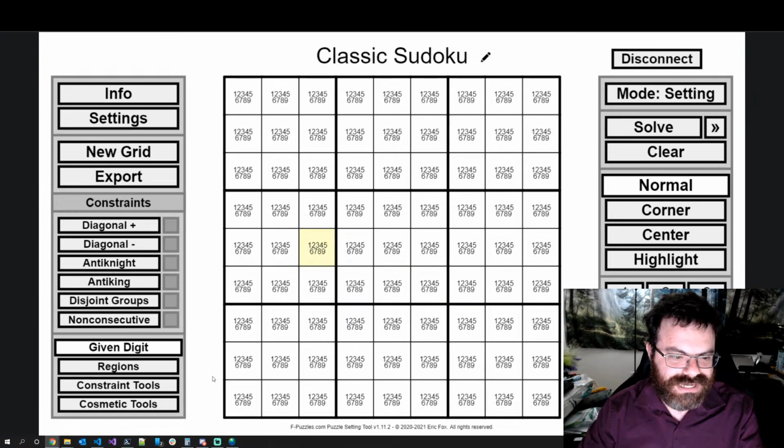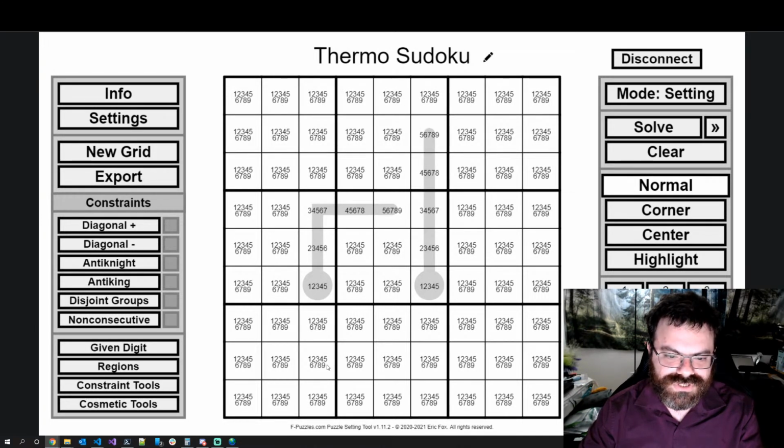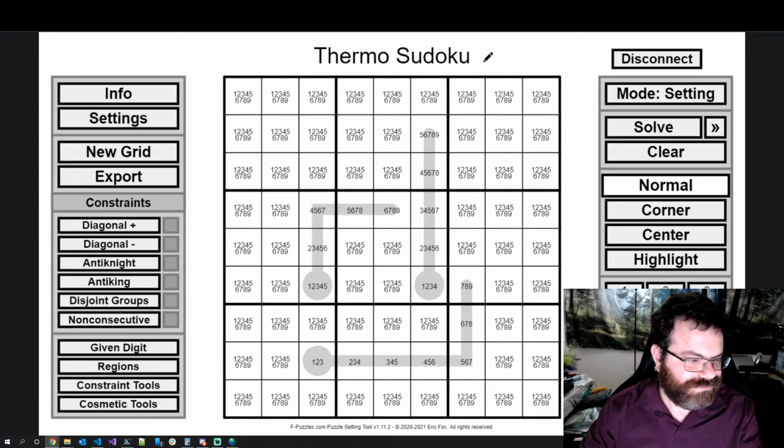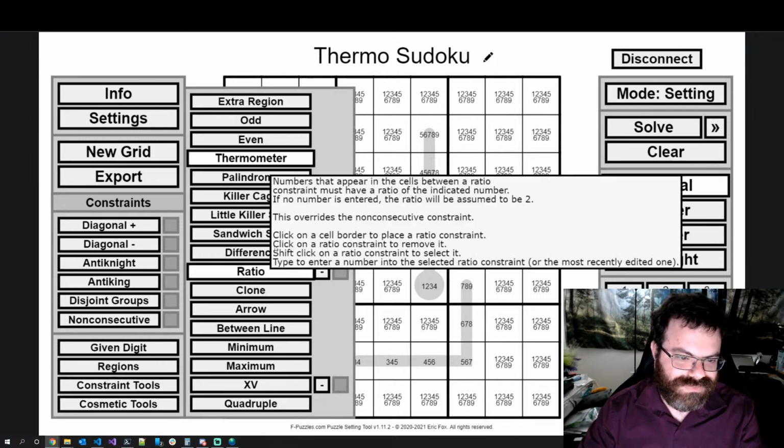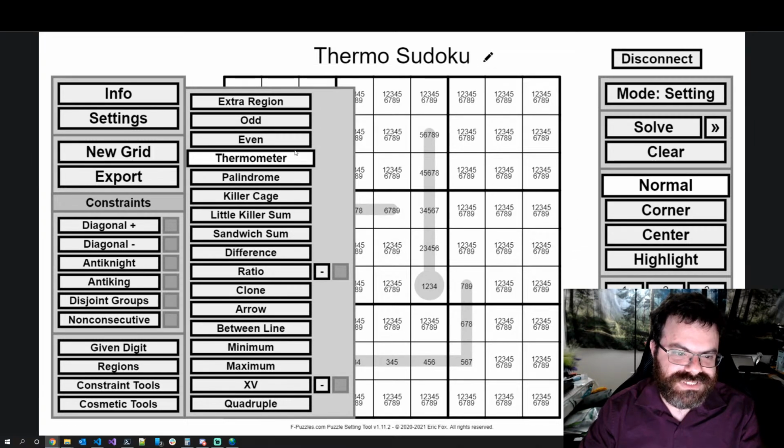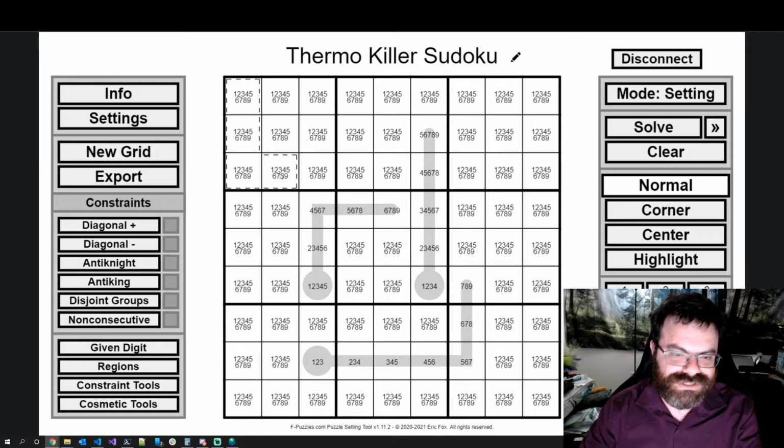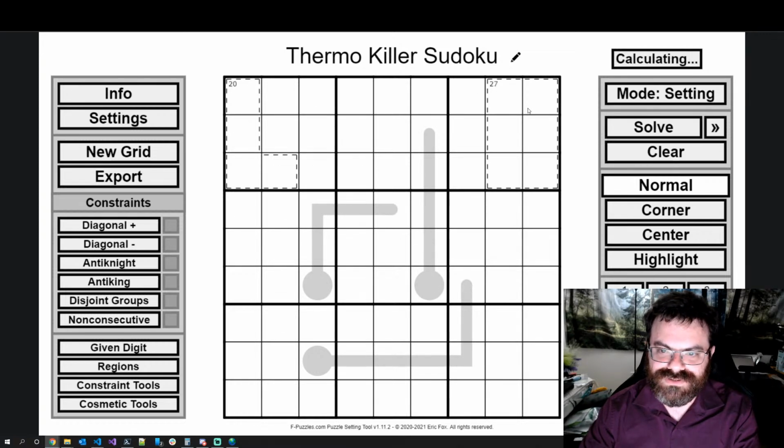Some more examples here. I could, for example, just start adding thermometers, and it'll start reducing the candidates that are possible. Every single constraint is supported. I can add a killer cage here, and maybe this adds to 20, and we can add 27 over here.